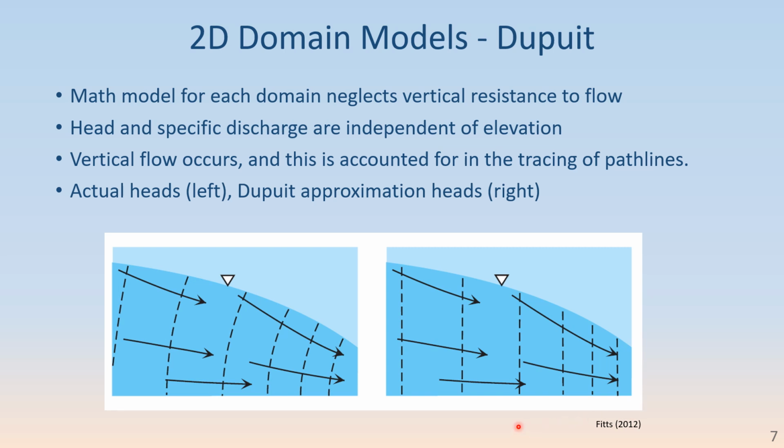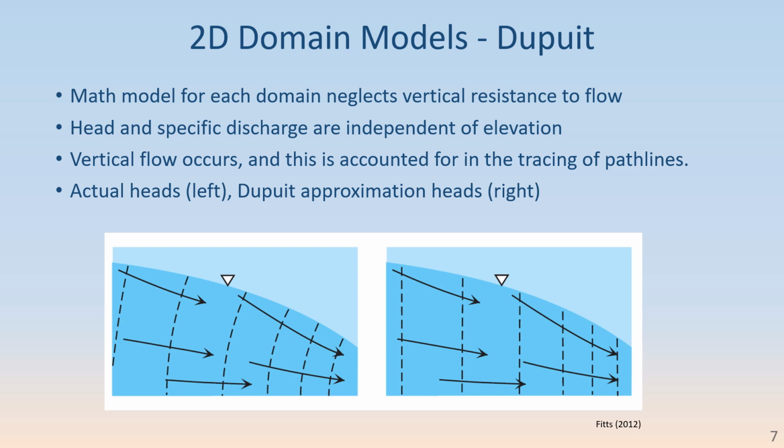The Dupuit model, which is what you get when you neglect the resistance to vertical flow, looks similar. There still is vertical flow going on. It's just you're not attributing any resistance to that vertical component of flow. As a result, the head contours are vertical, and at any one x, y location within your 2D plane, head is independent of elevation, and so is specific discharge.